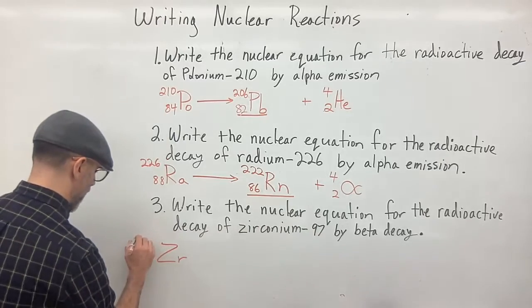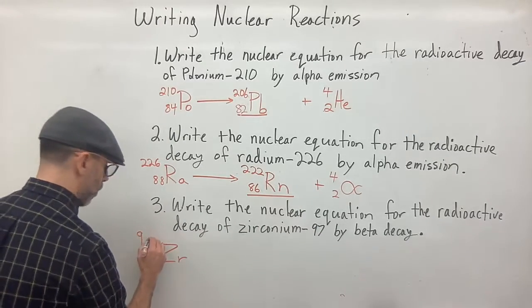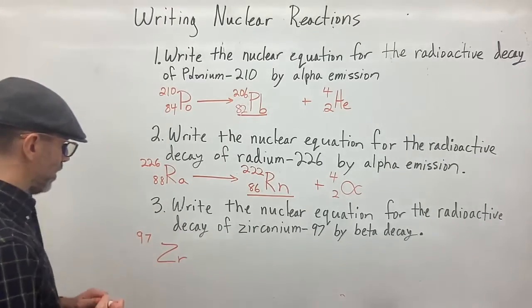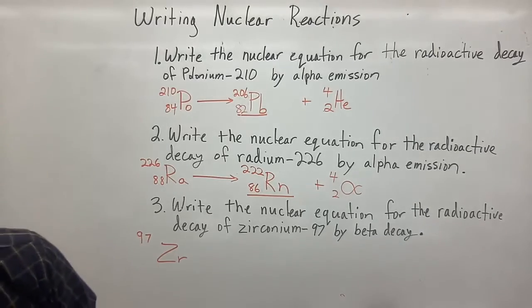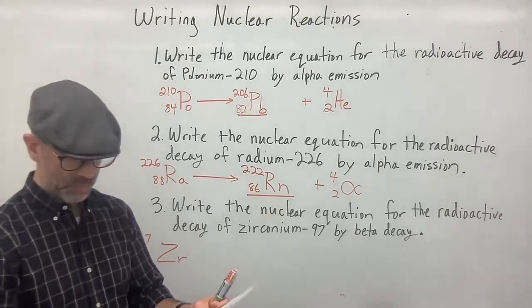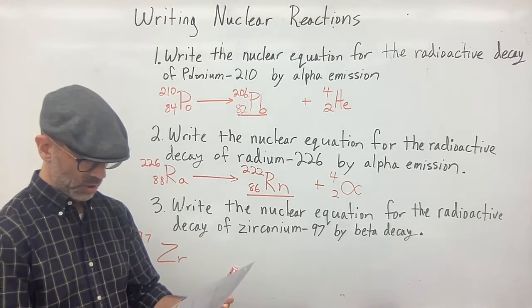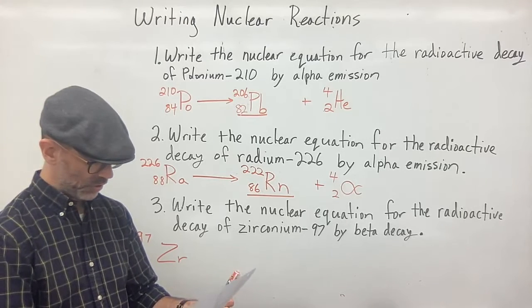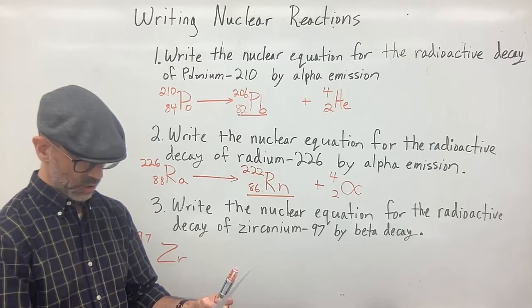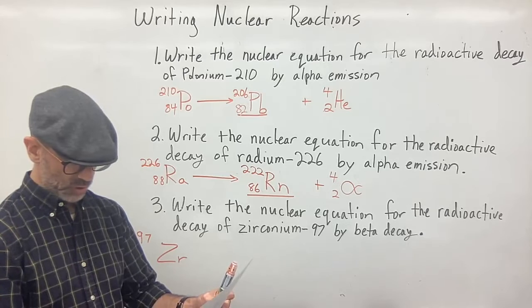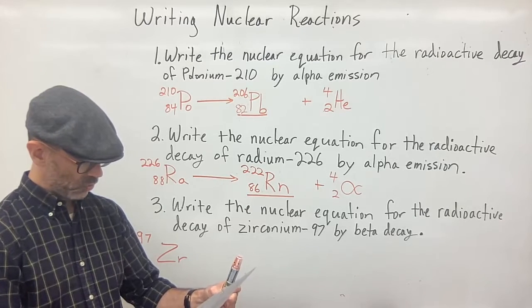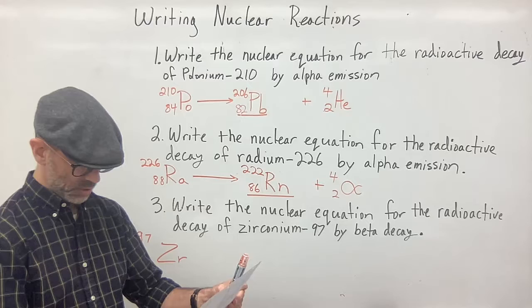Zr-97, that's the mass number. So that's going to go on top here. And then we look up the atomic number on our periodic table. If I can find that really quickly. Zirconium is one of those ones that we don't work with very often.